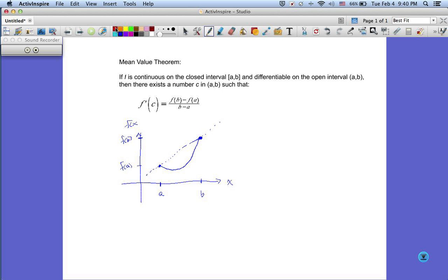The change in y, f of b minus f of a is right here, all over b minus a, right? That's the slope of the secant line.